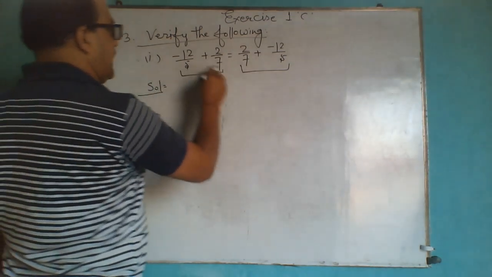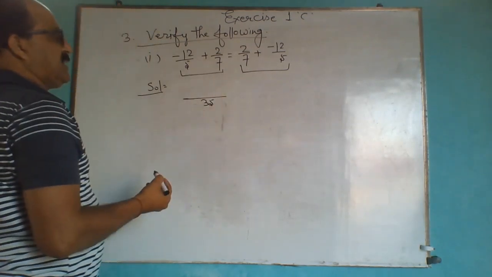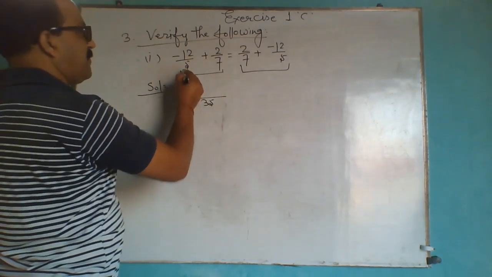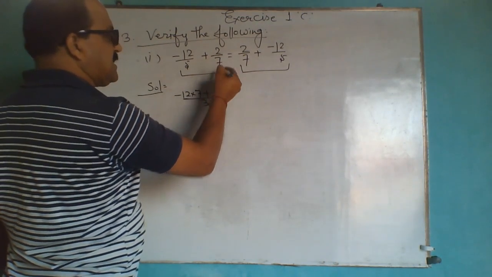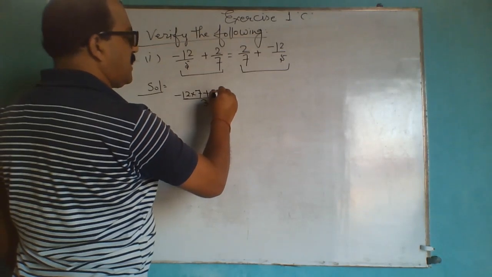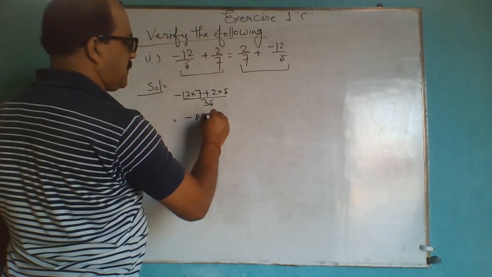Take the LCM of 5 and 7. We will get 35. 5 sevens are 35. So minus 12 into 7 plus 7 fives are 35, 2 into 5. Minus 84 plus 10 by 35.